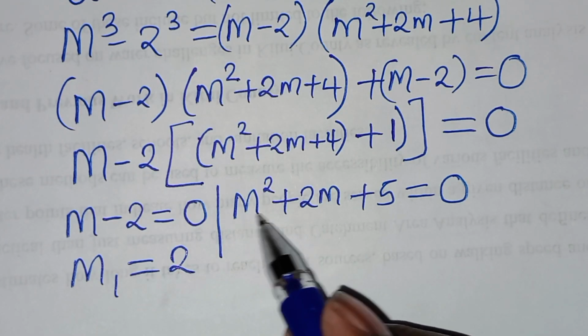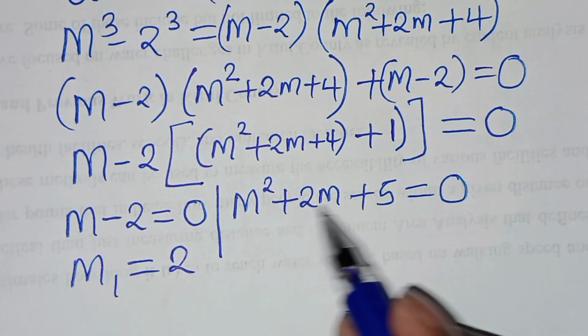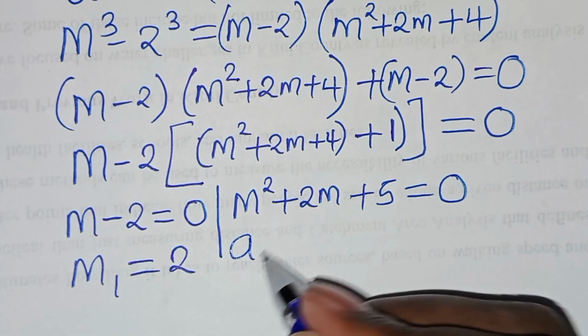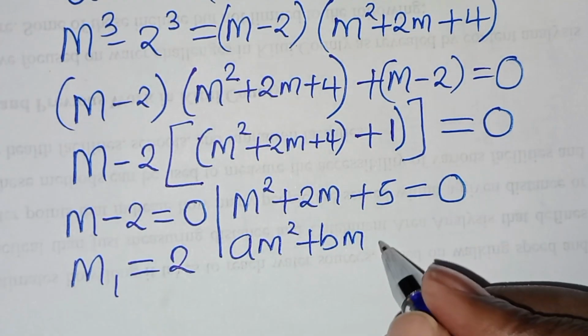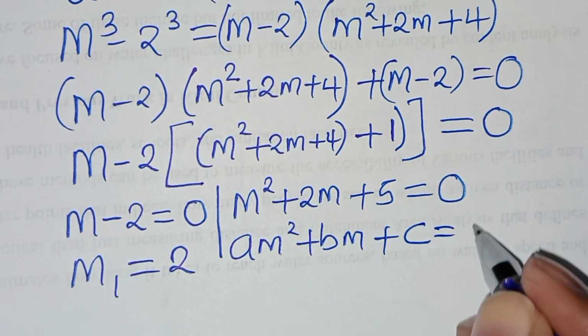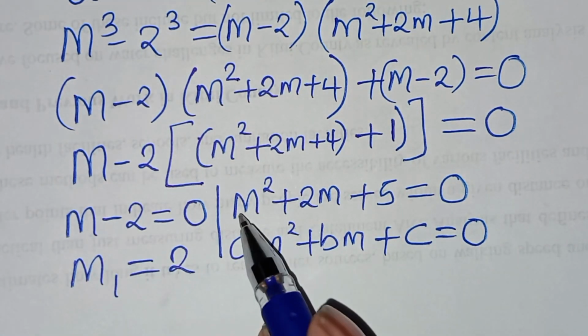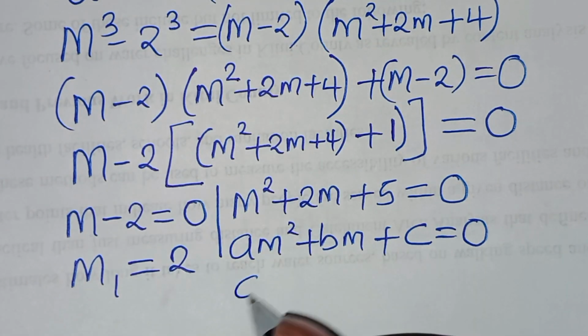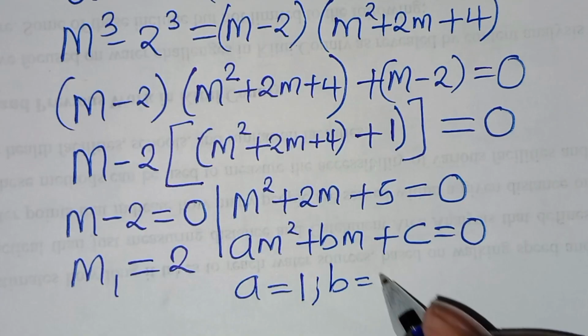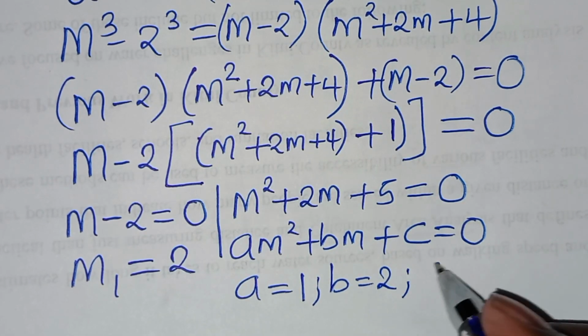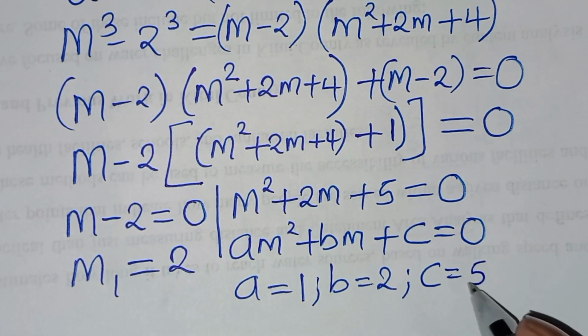Now, the second part here is a quadratic equation of the form am squared plus bm plus c equal to 0. From this quadratic equation, a is equal to 1, b is equal to 2, and c is equal to 5.